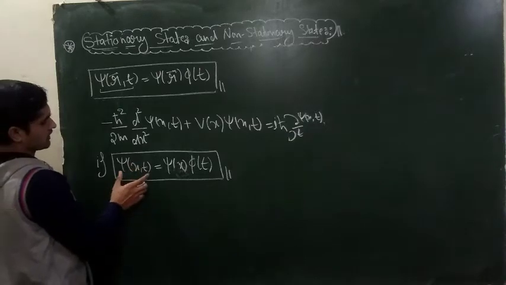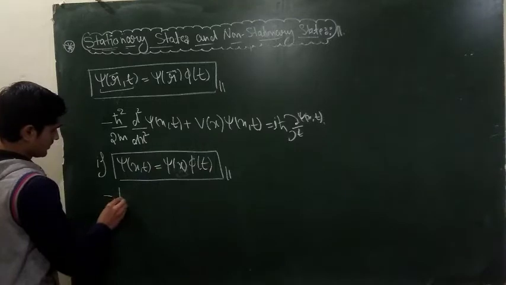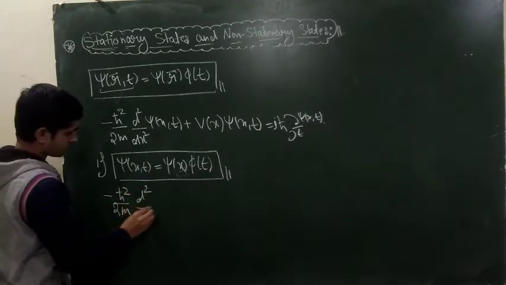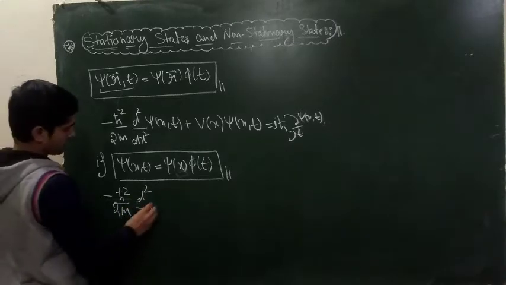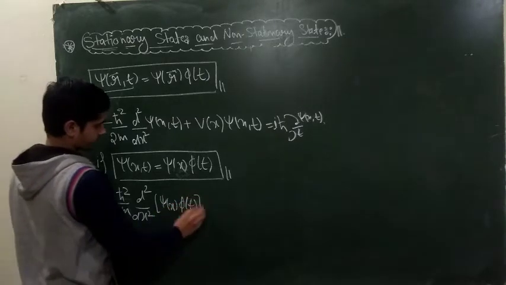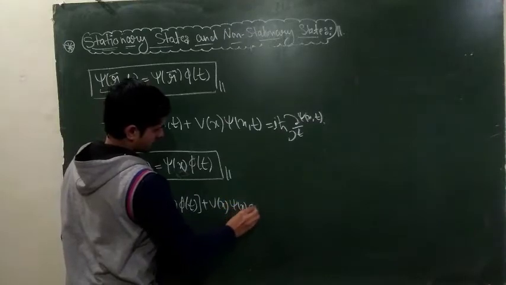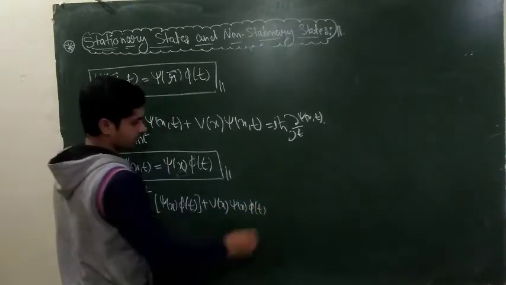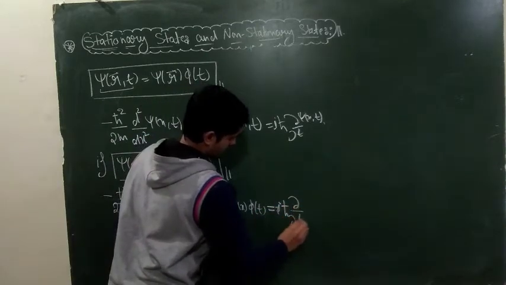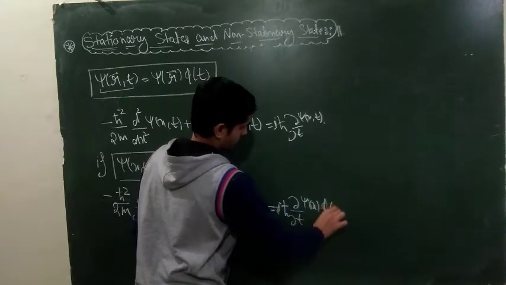Just put this value of psi(x) phi(t) in this place and see the consequence. So it will be V(x) psi(x) phi(t), which is equal to iota h cross del by del t of psi(x) phi(t).